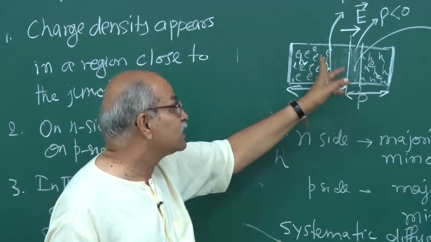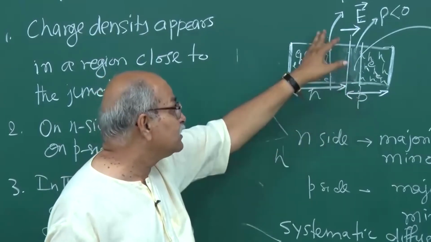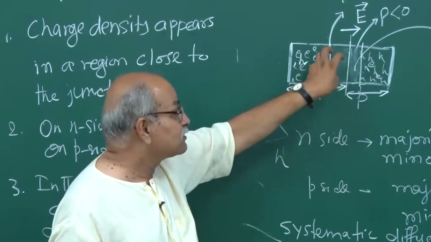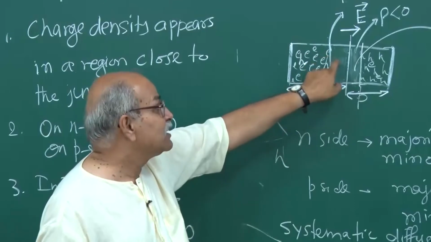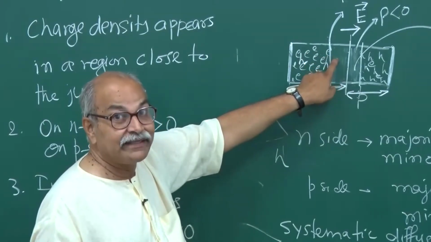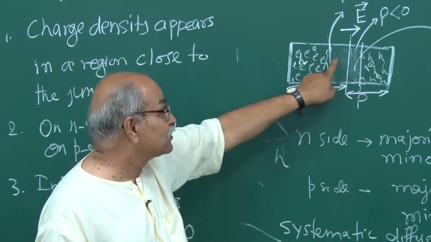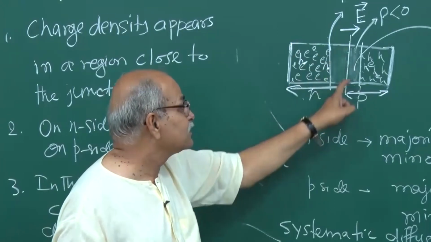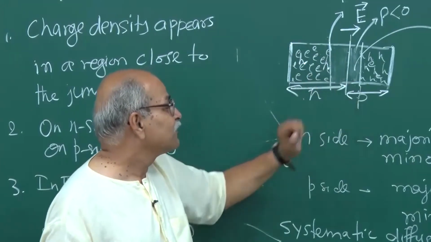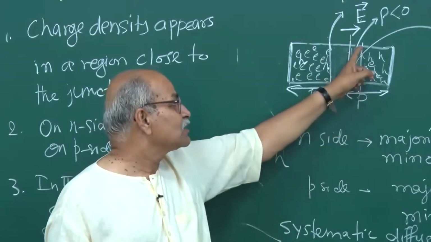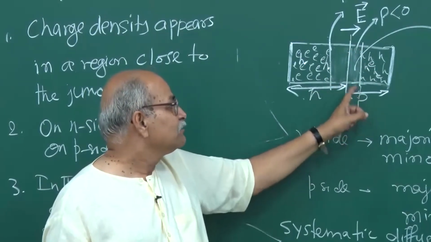Although the conduction electrons are not there, the holes are not there, still those pentavalent impurities that we have put in, arsenic or phosphorus, are still there, distributed in this entire region. This is still an N type region. And similarly here, although there are no charge carriers, no holes, no electrons, it is still P type.